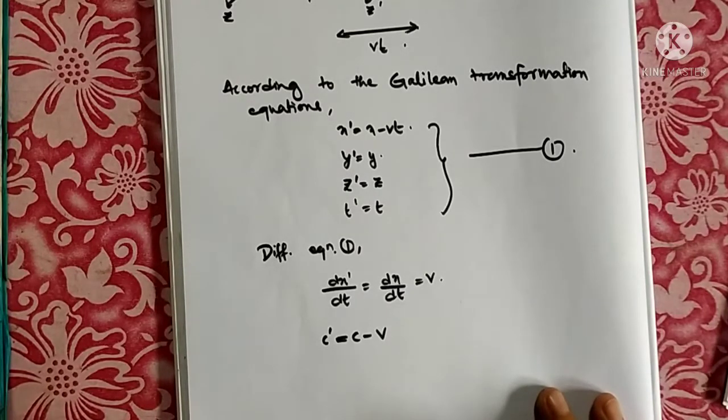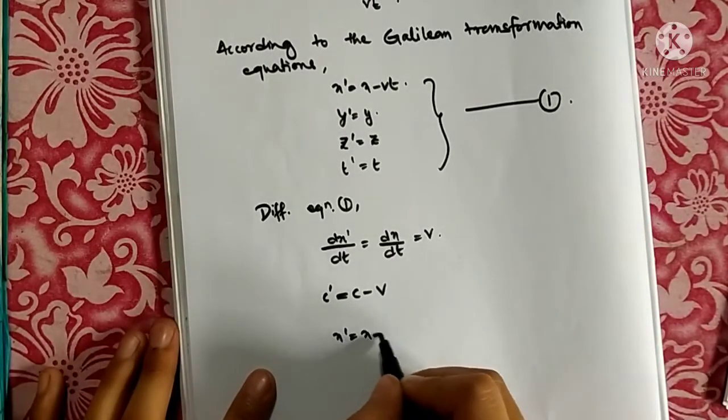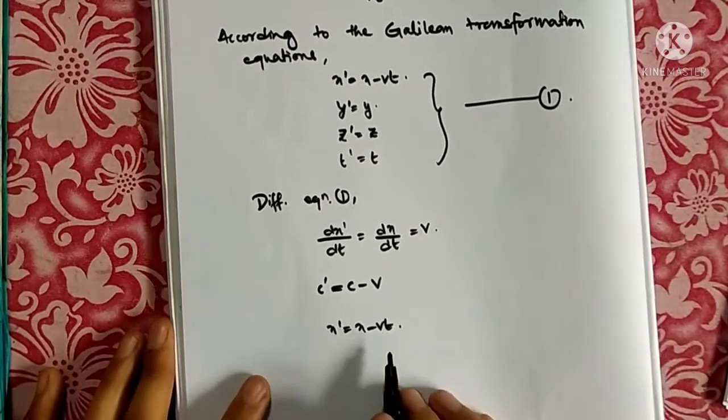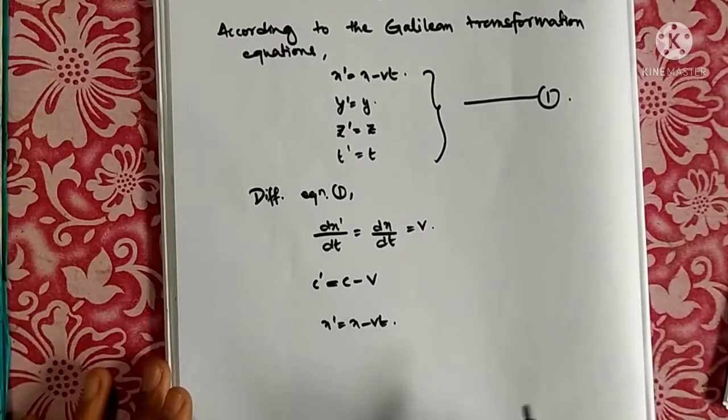However, the equation x prime is equal to x minus vt is in accordance with the ordinary laws of mechanics. So the new transformation for the x coordinate must be similar to this equation.